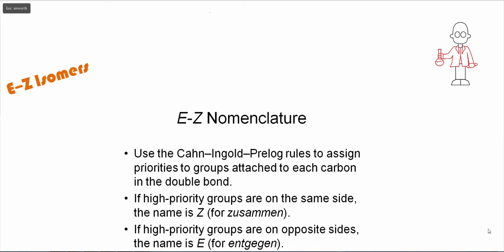All right, let's talk about the E-Z nomenclature and when it's going to be useful. You will see a good bit of this when you deal with alkenes.